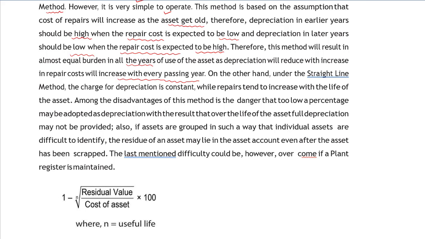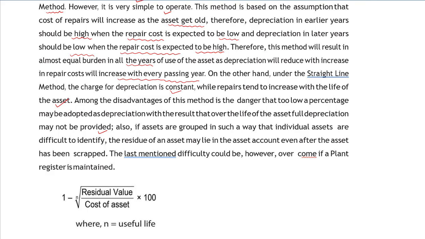On the other hand, under straight line method, the charge of depreciation is constant while repairs tend to increase with the life of the asset. Among the disadvantages of this method is the danger that too low a percentage may be adopted as depreciation, with the result that over the life of the asset the full depreciation may not be provided.